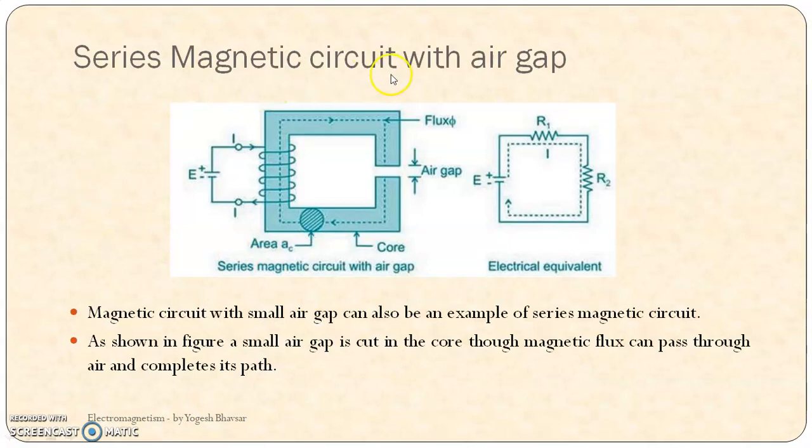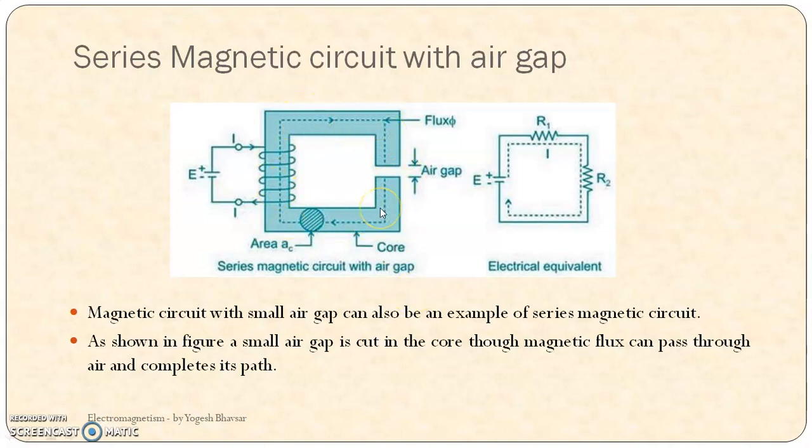Now series magnetic circuit with air gap. So this is also a type of series magnetic circuit. So this is a complete magnetic circuit and there is an air gap in this magnetic circuit. A very small air gap is cut in this magnetic circuit whose area is similar to the area of the magnetic circuit.